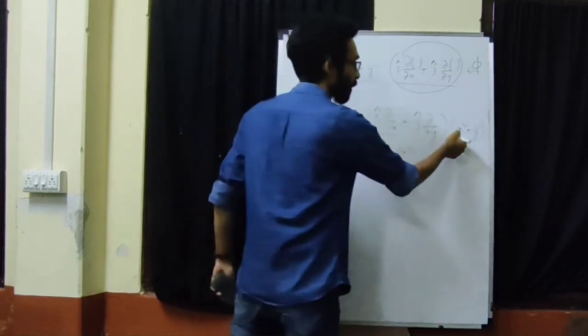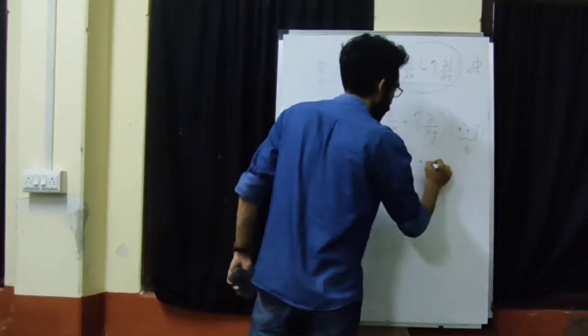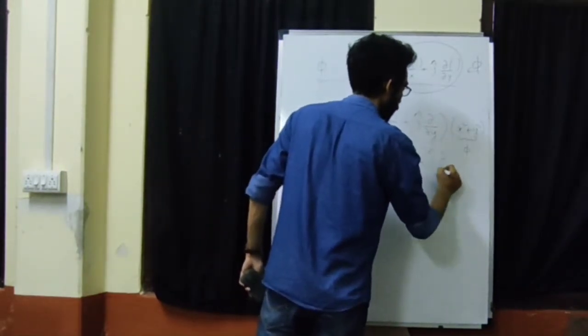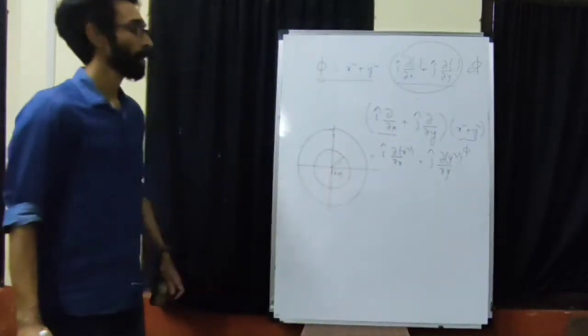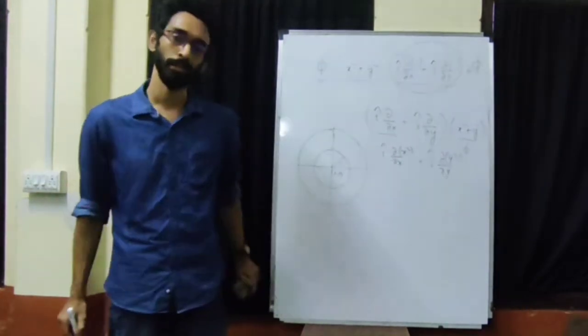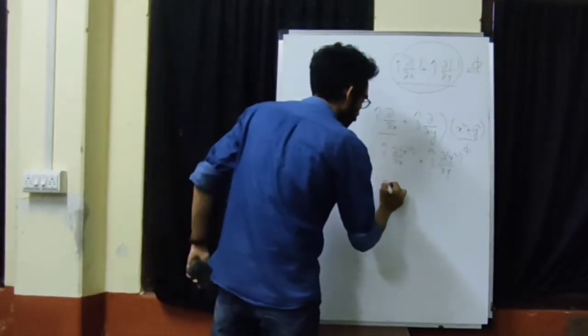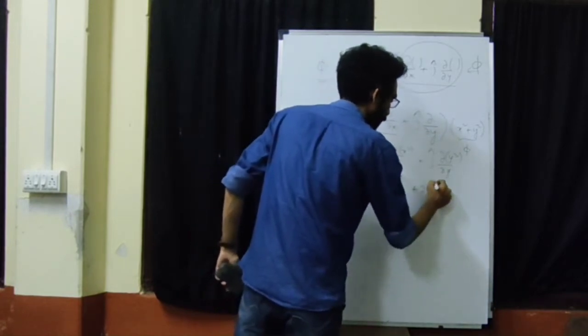And for y, x will be a constant, so we'll have j cap del/del y of y square. Now we can do ordinary derivatives here. This is just twice x. So we have twice x i cap plus twice y j cap.